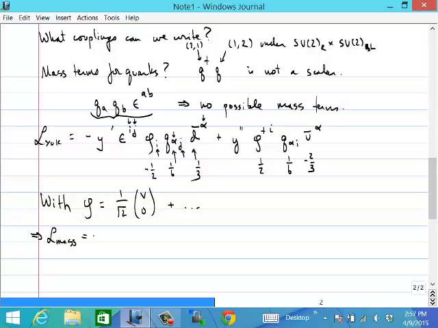From that first term, you get 1/√2, a y prime, and a factor of v, times, remember we have this epsilon symbol here, so we pick out the lower component of Q, which was what we called D. So D^α, D bar_α. Likewise, from that second term, we get 1/√2 y double prime times v times U^α, U bar_α. So these are mass terms for the up and down quark.